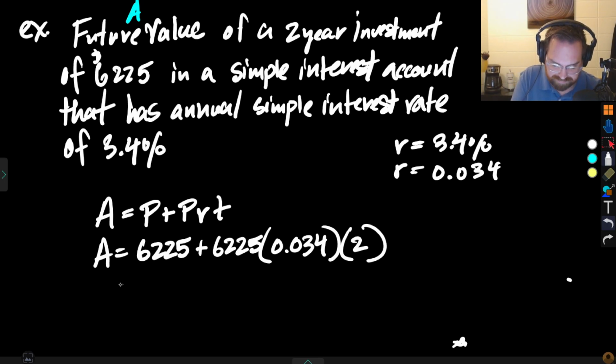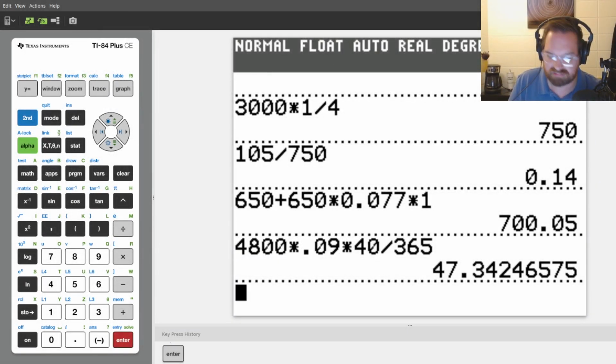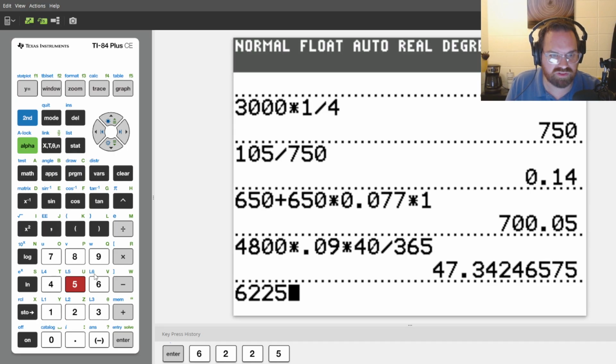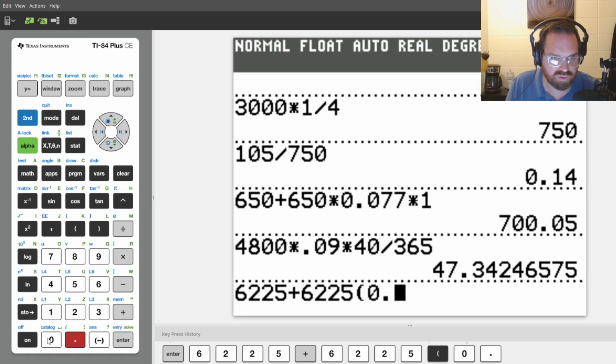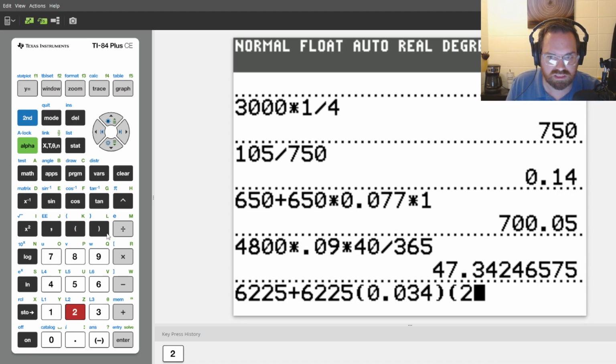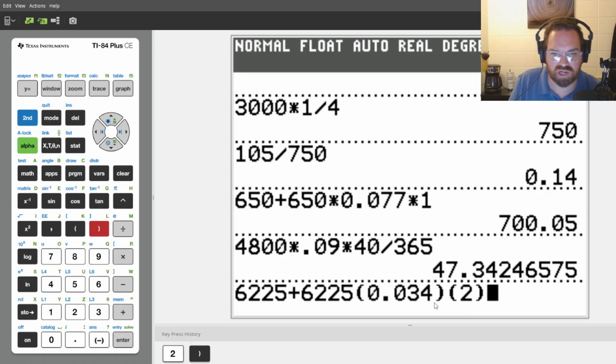All right, so got our amount, and we just have to go ahead and punch this in now. So switch back, and I've got 6225 plus my 6225 here times 0.034 times 2. And you can see I'm doing it in brackets just to illustrate.